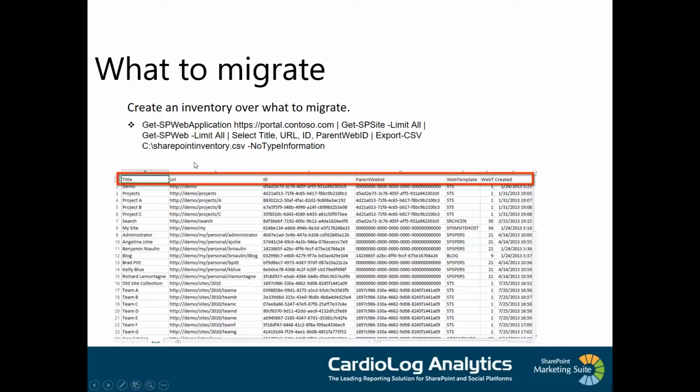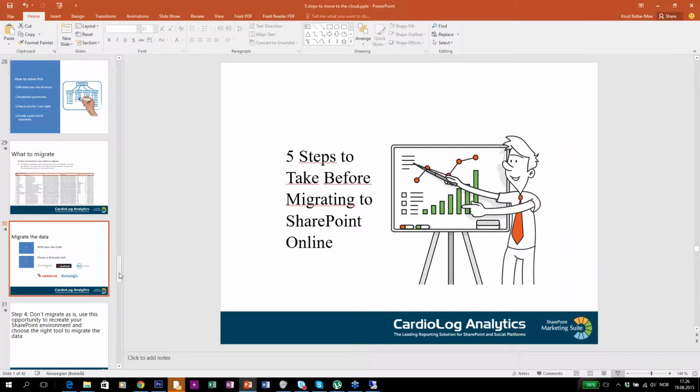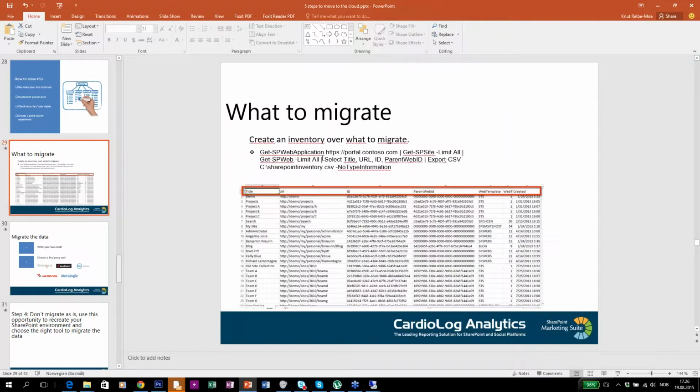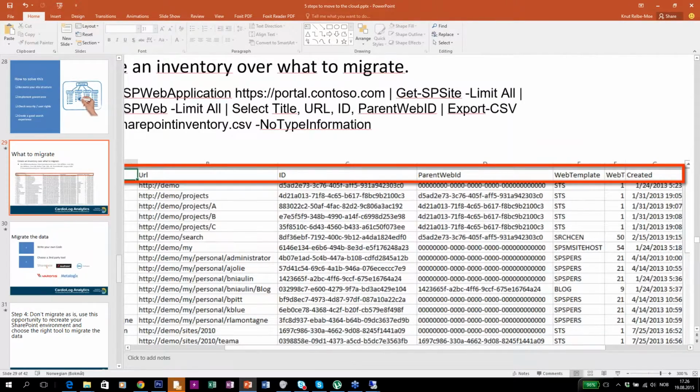If you don't use a third-party tool, you can just use the PowerShell cmdlet, which I have here. Let us just go to it here. Let's see. Can we see it now? Yeah, like this.